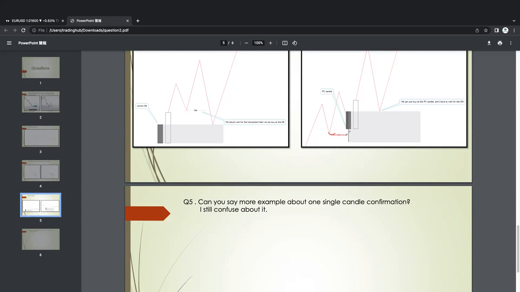Like here, it swept and closed above it, so we can buy here. If not, like here, and it closes below it, then this one is not valid. Then we need an inducement before the buy.